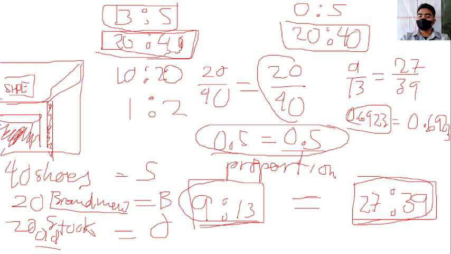So they are proportion. Aside from this one, I am glad to show something else on how we are going to find whether two ratios are proportion. There are methods. In our objective, there are methods.